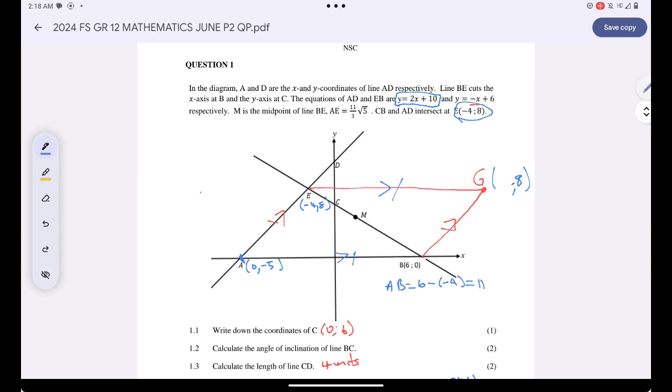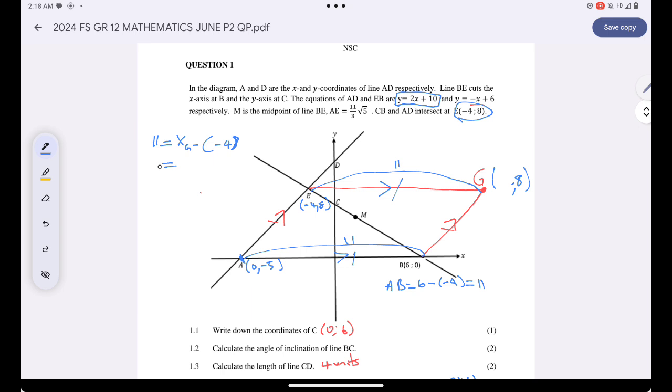So the length of AB will be equal to 6 minus negative 5, which is 11. Are you together? So if the length here is 11 units, simply means the length there will be 11 units. So how can we find the x coordinate of G? We can get 11 if we say the x coordinate of G minus negative 4, because if you subtract the x values, x at G minus negative 4, we will get our horizontal distance, which is equal to 11.